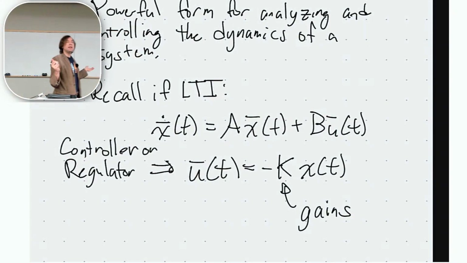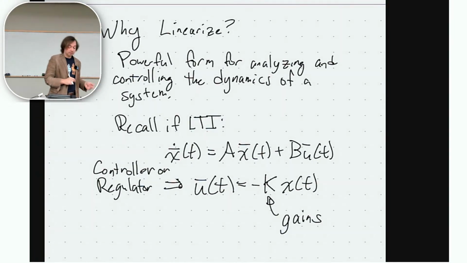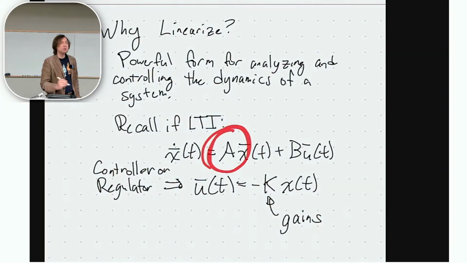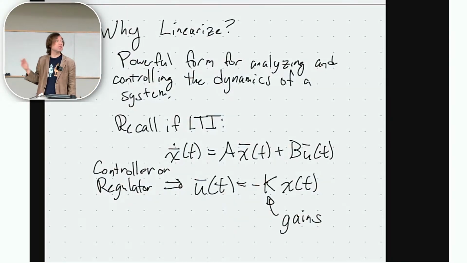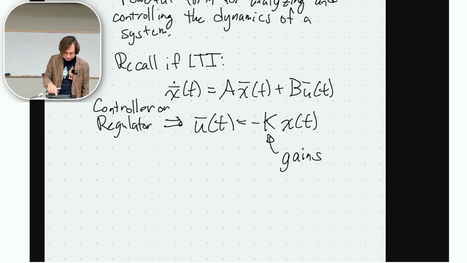If our system is linear, though, there are tons of techniques that you can use to automatically choose the gains K, depending upon what you actually want the system to do. So it's very nice. In addition, we were able to take what we called the eigenvalues of that A matrix, and it'll tell us if the system is stable and how stable it is, right? So very handy to do.